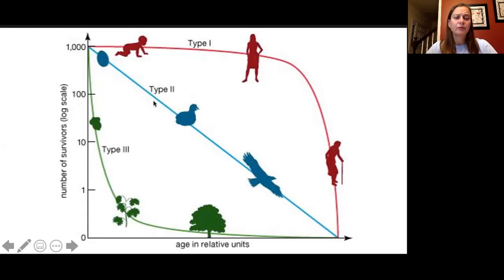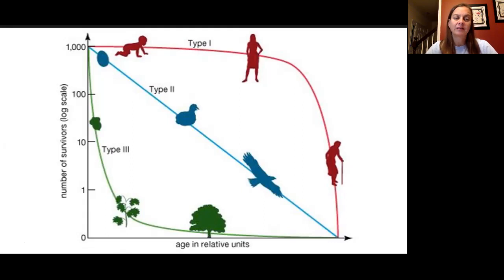And type 2 are those where the mortality is independent of percentage of lifespan. And so they have a relatively constant mortality rate throughout their lifespan. And birds are usually the classic example of type 2 survivorship curves, simply because they're relatively consistent throughout their lives.